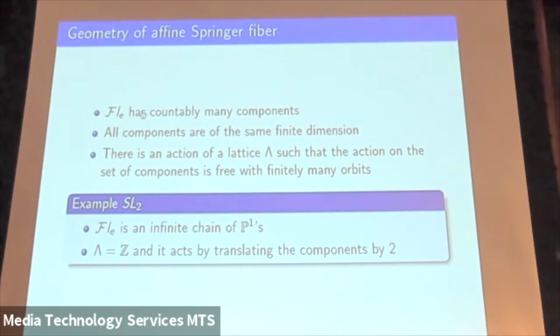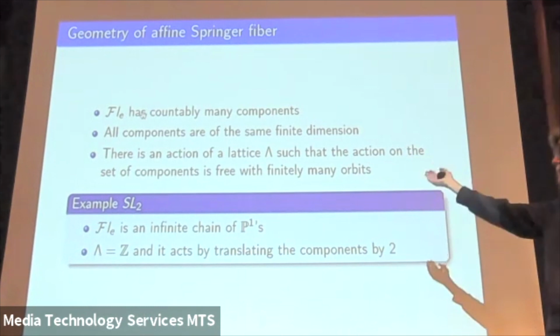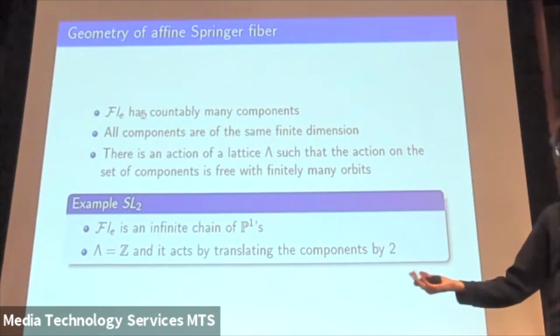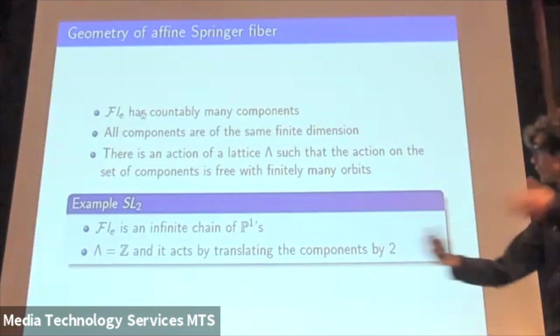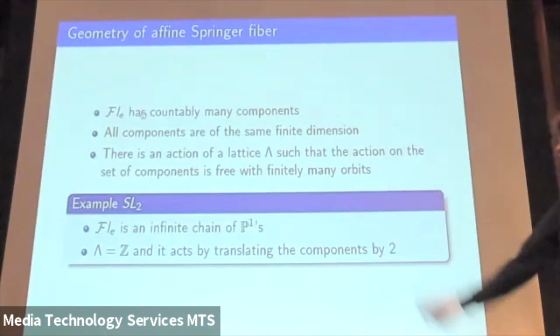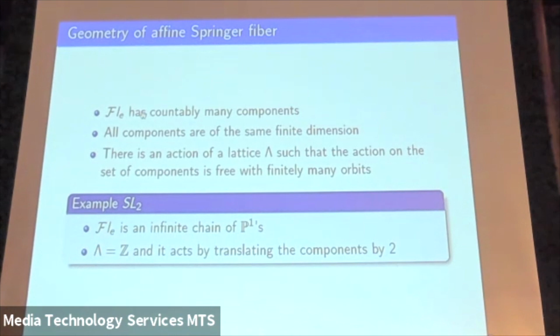And even more, there's an action of a lattice, a finitely generated free abelian group, such that its action on the components is free and has finitely many orbits. So there are finitely many components such that everything else is just a translate of those components. And in fact, there's a bijection between translates of those and this lattice.